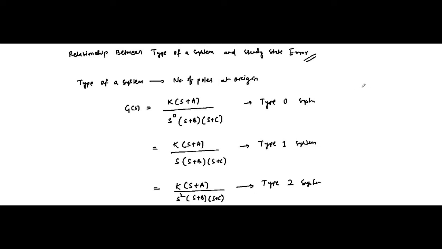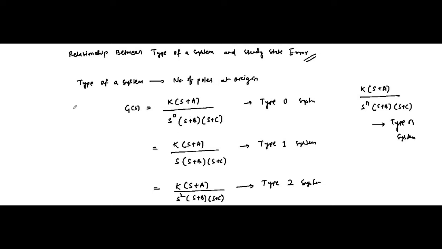So similarly, if there are n number of poles at origin, which is represented by S to the power n, S plus B into S plus C, then this is a type n system. So we are particularly interested in type 0, type 1 and type 2 system in this discussion related to steady state error.